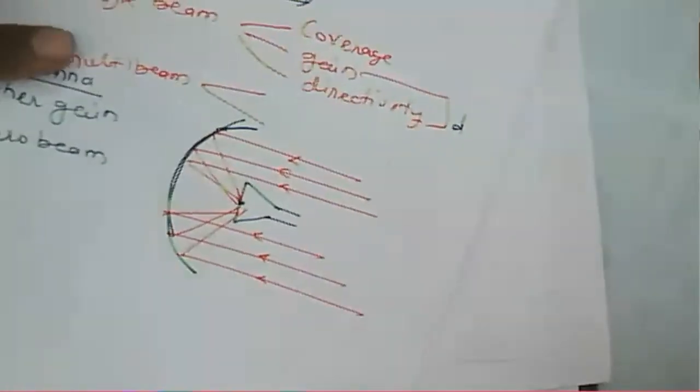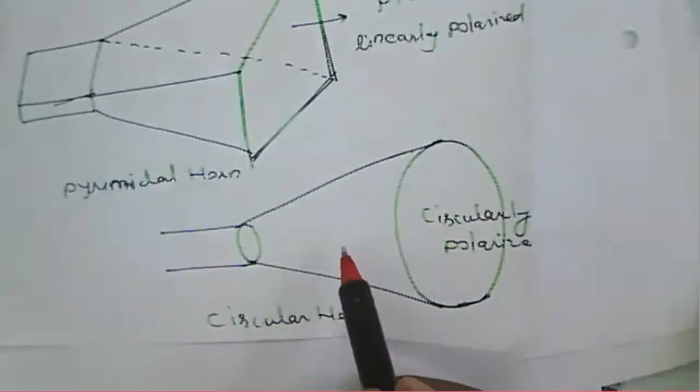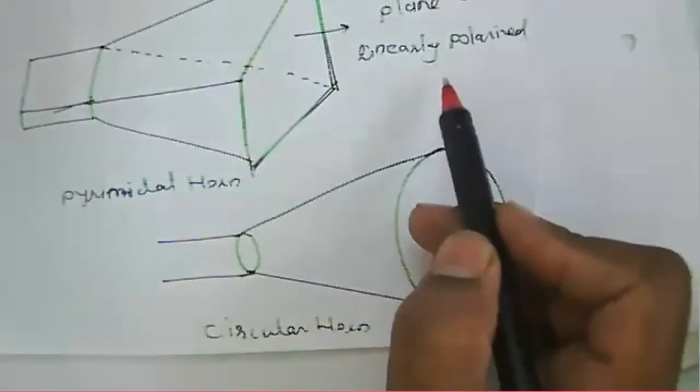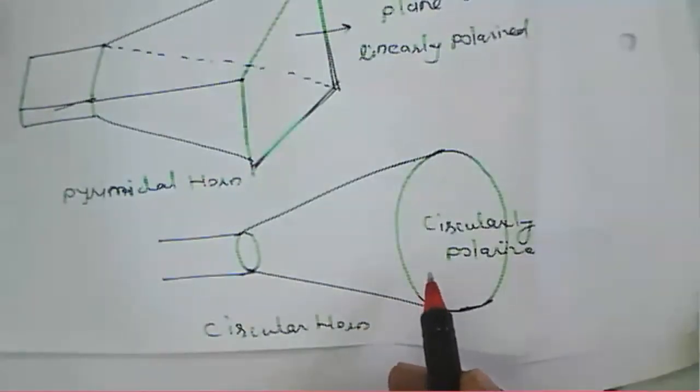But as we said earlier, a rectangular horn antenna or a circular horn antenna is used for feeding. The output of this is a linearly polarized wave, and here it is a circularly polarized wave.